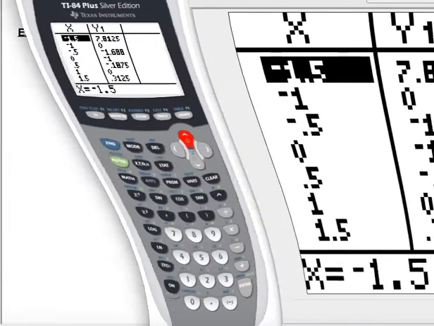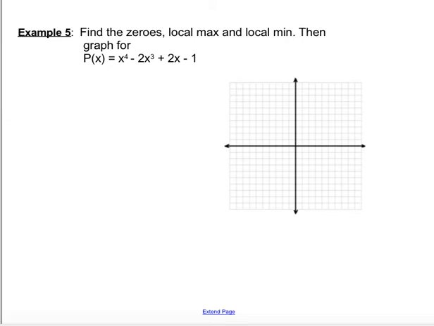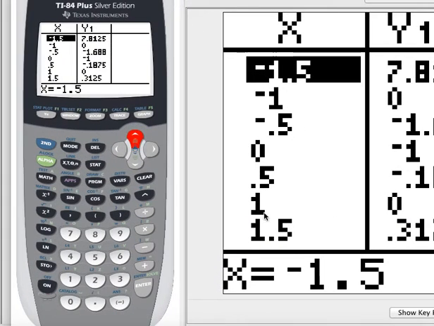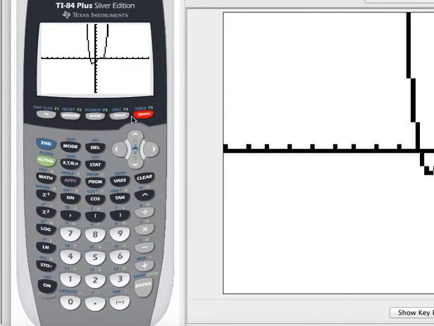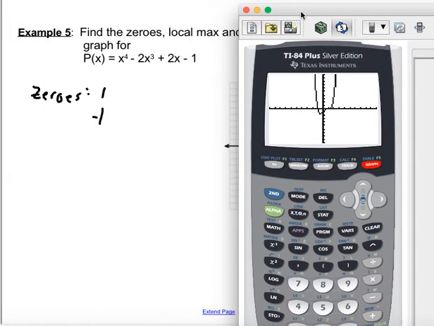All right. So my zeros, and then I want to go back here and look at that because I think they turned at those spots. So if you look here, it's going straight through negative 1.